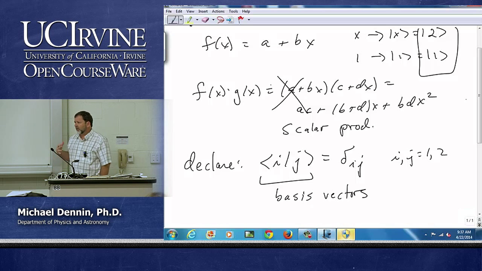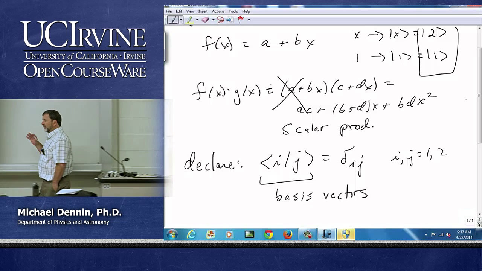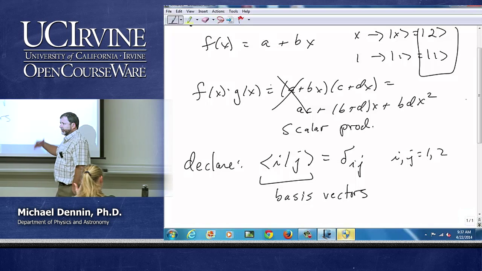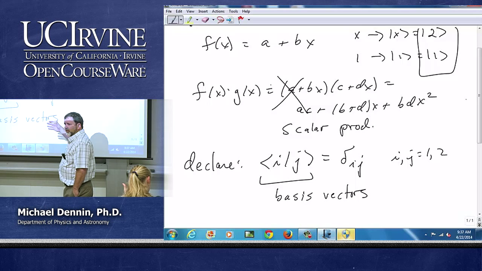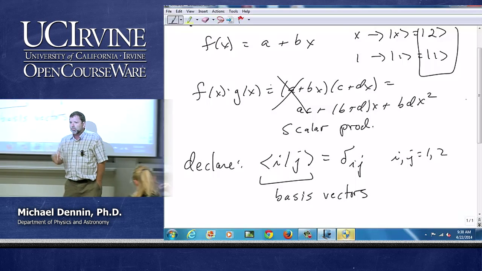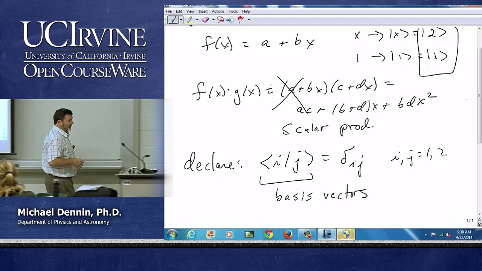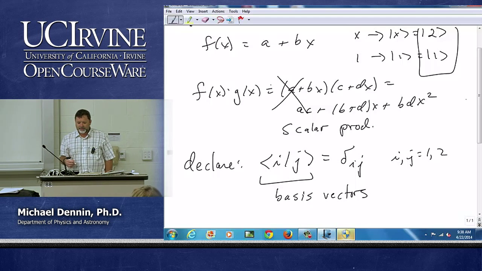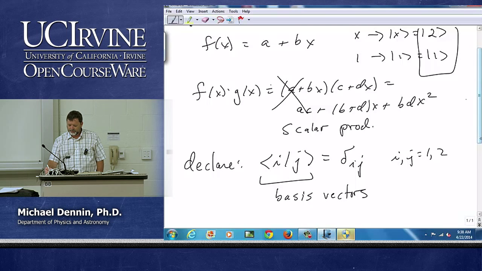And once you define the scalar product for one set of basis vectors, if you find another basis as a linear combination of your original basis, you're done. You know how to do it for any set of vectors. And the reason we know how to do it for any are because of the way the scalar product is defined.